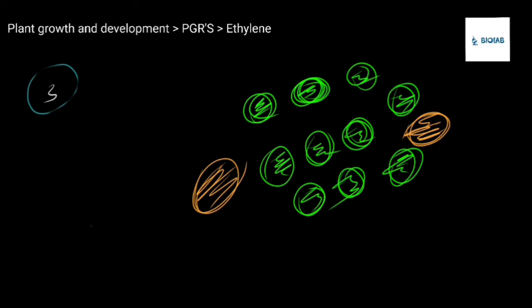Now what happens? The ripened oranges release ethylene. Since it is a gaseous PGR, ethylene is released in the form of gas.